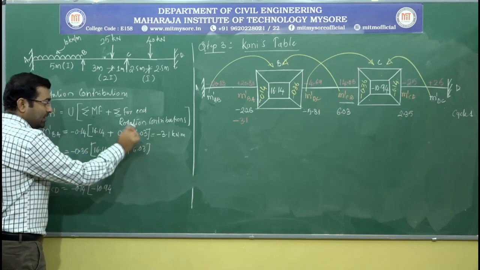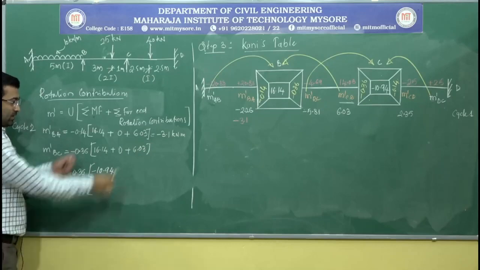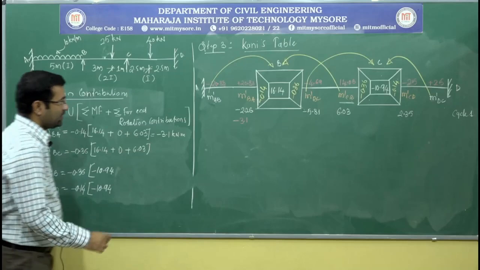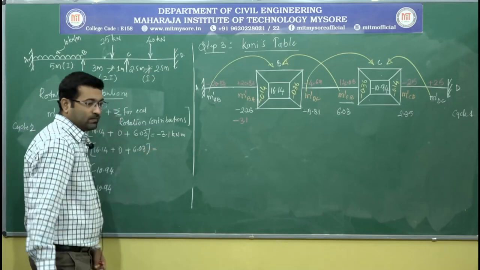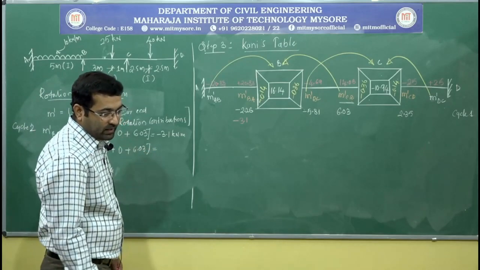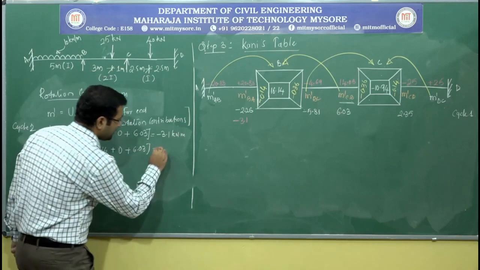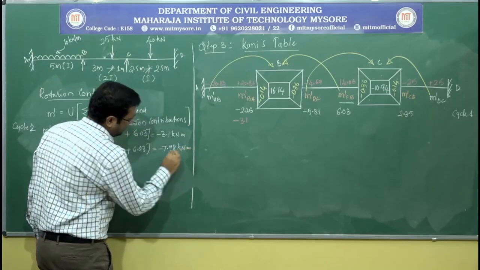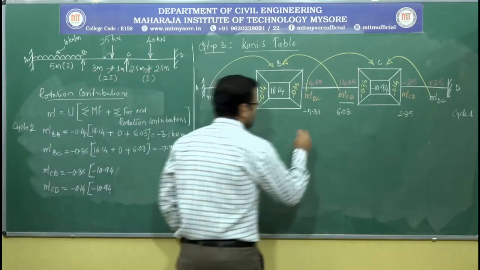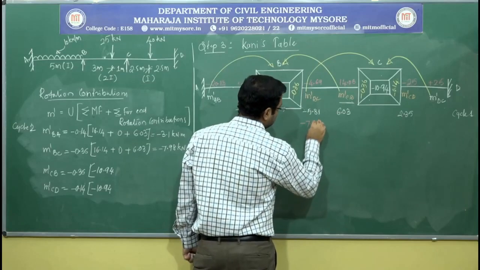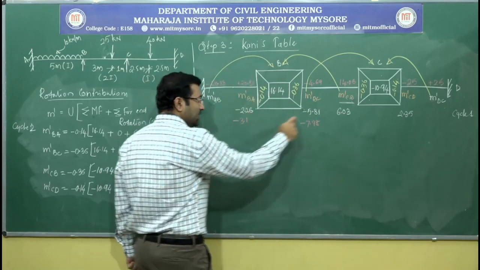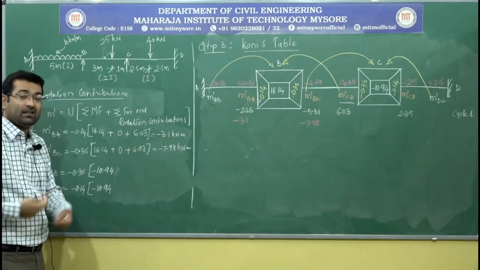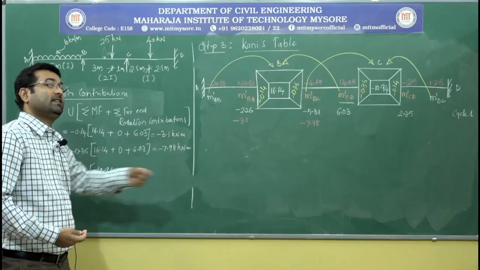Inside the bracket, the values will remain the same. So if you remember this, you can just change the rotation factor value and you will get the answers. That gives you minus 7.98 kilonewton meter, which I am going to represent here, minus 7.98. You can see there is a variation in the values, they are not the same. We have to do this cycle iteration until we get the same values.